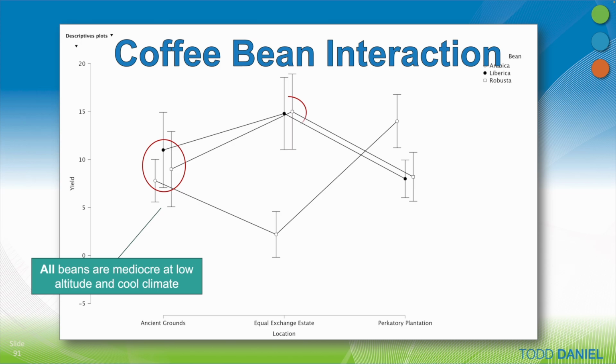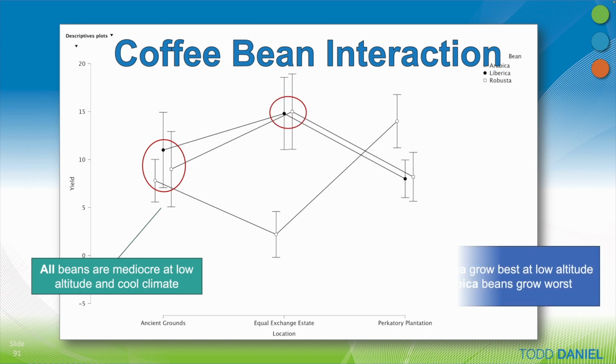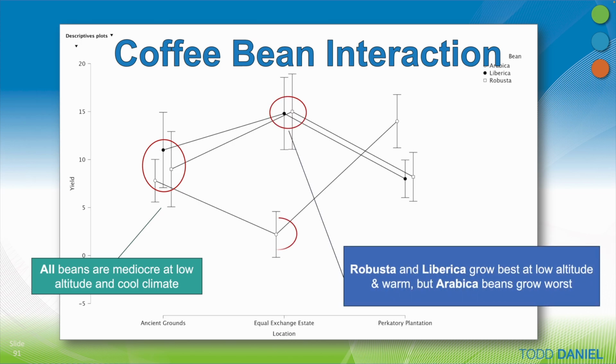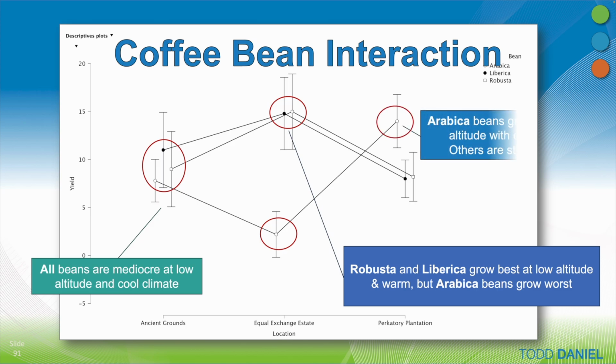Where something interesting is happening though at the equal exchange state. What we're seeing is two groups that grow really well here and one not very good at all. Robusta and Liberica grow best at low altitude and warm, but Arabica grows the worst. Arabica beans grow the best at high altitude, cool climate. The others are still the same mediocre outcome as what we saw with our first ancient grounds location.